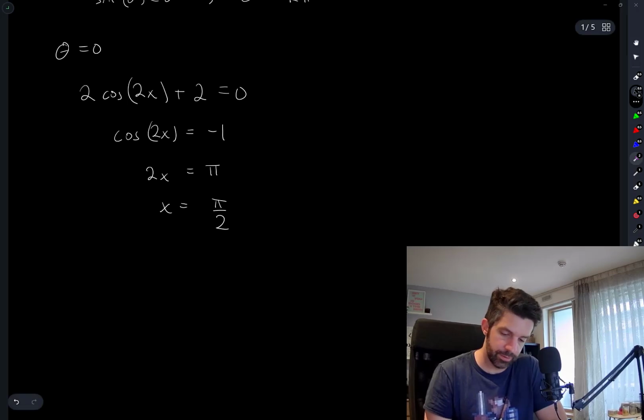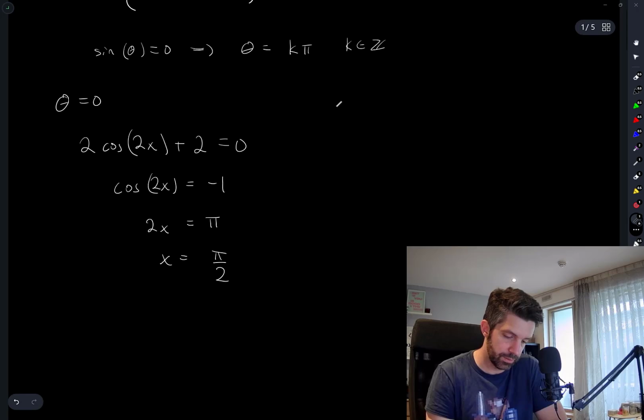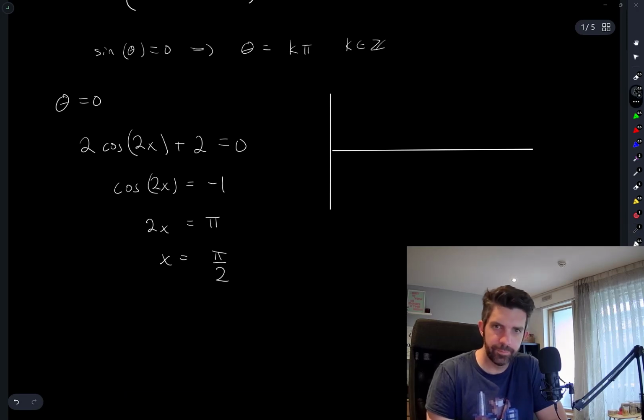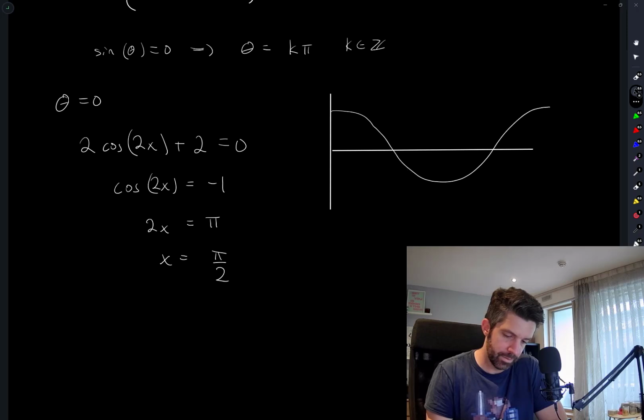So is there another value of x between... so cosine of x looks like that, where that bound is 2 pi. That there is pi. So cosine of 2x goes from 2 pi to 4 pi, like that.